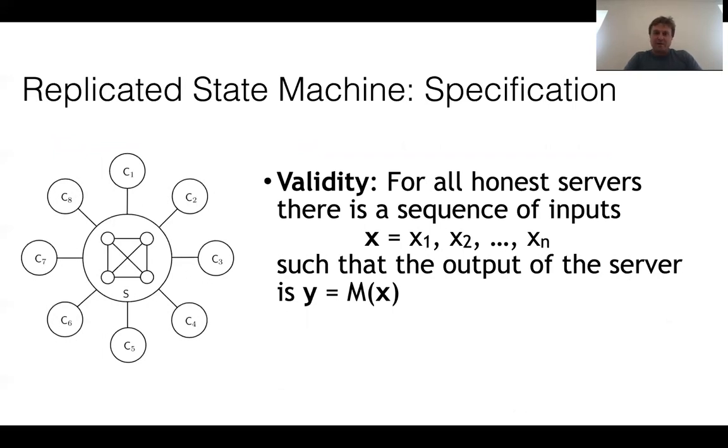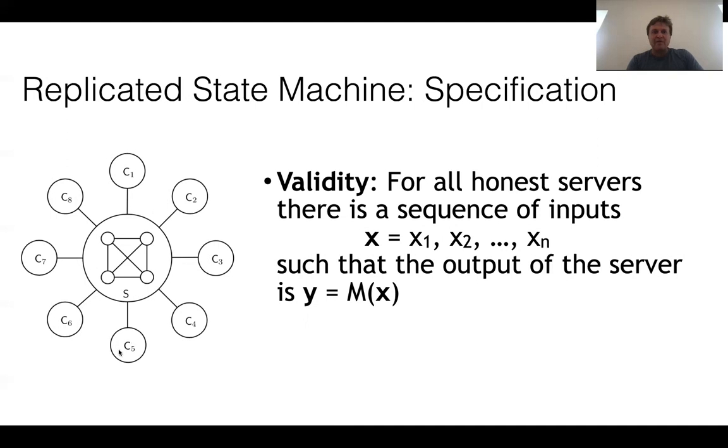The first thing we want is that we're going to get a distributed system here where inputs are given and outputs come out. And I want, as we usually do, to specify the consistency of the system just by which inputs and outputs it's producing. So what do we expect from it? Well, what we expect is that the outputs it's giving are consistent with having run this state machine here.